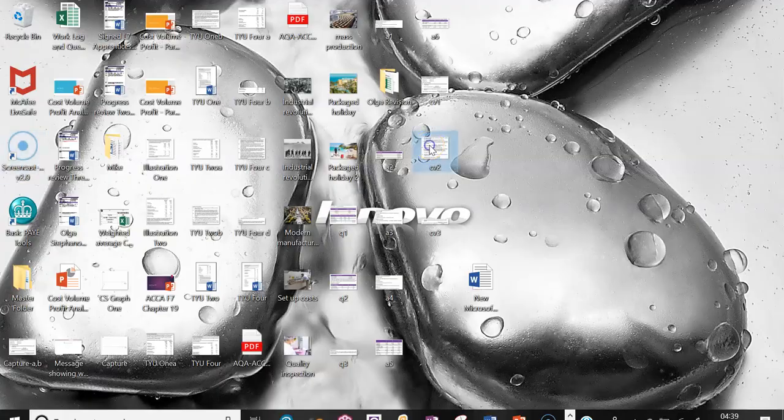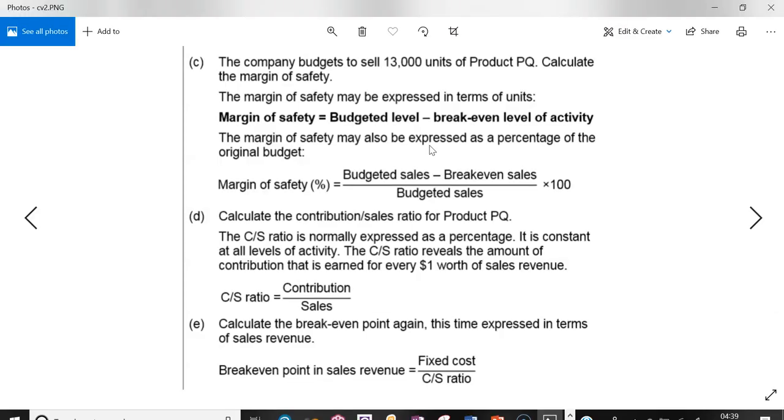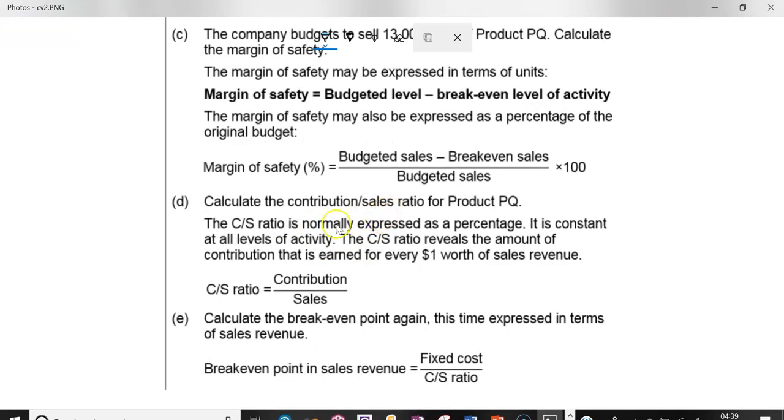Yeah, here we are. You can see it. The question does say calculate the C over S ratio for this question.